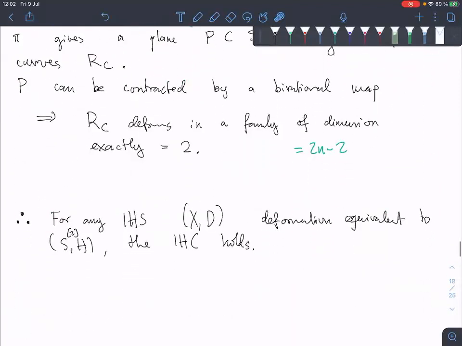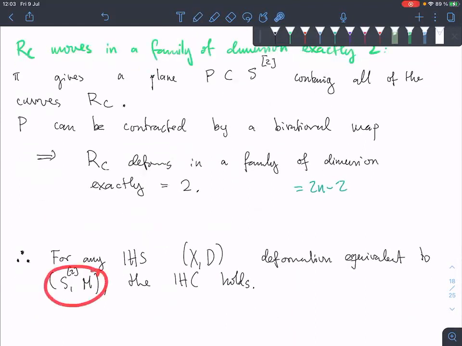Oh, sorry. It was not the same H. Thank you. You're right. There should be some divisor here, which I haven't specified, that's ample on this Hilbert scheme.